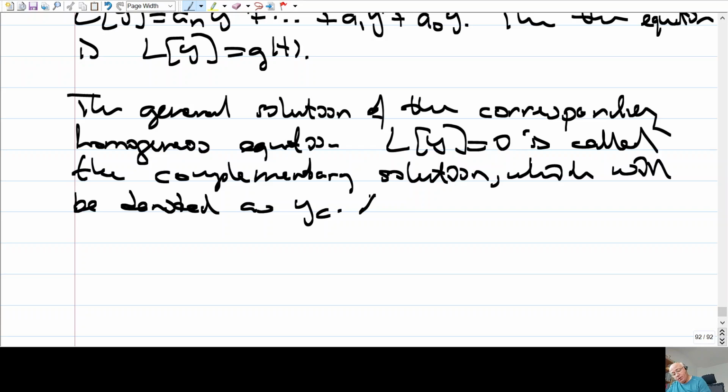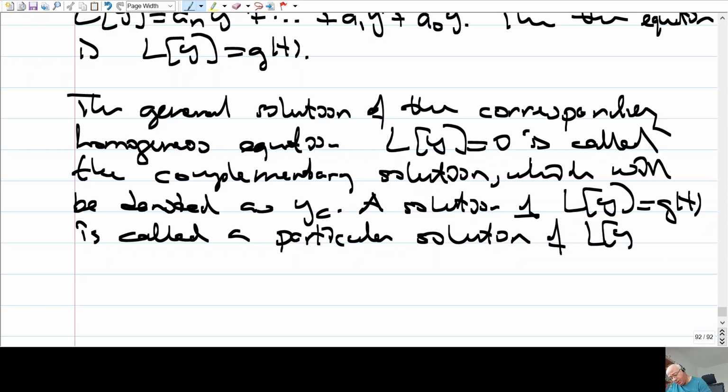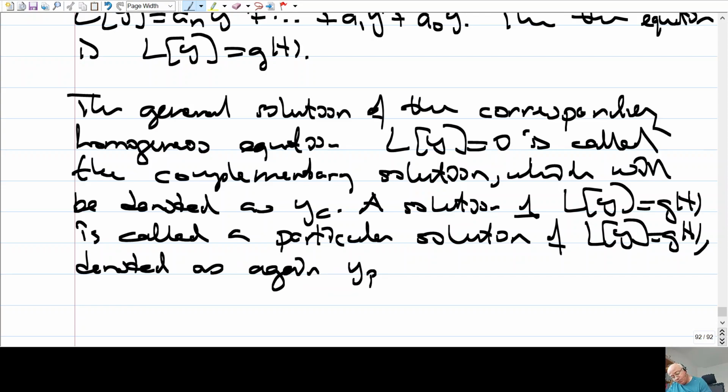A solution of Ly equals g of t is called a particular solution of Ly equals g of t, denoted again as yp.